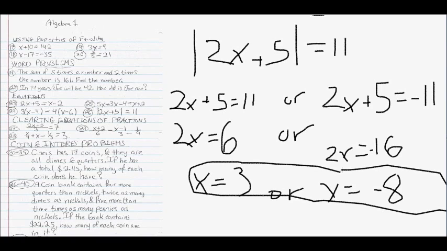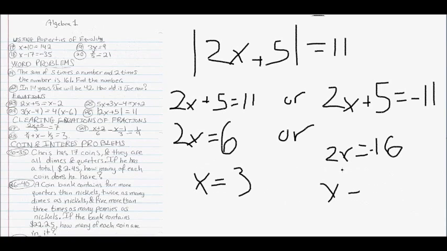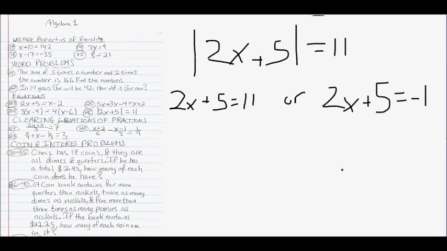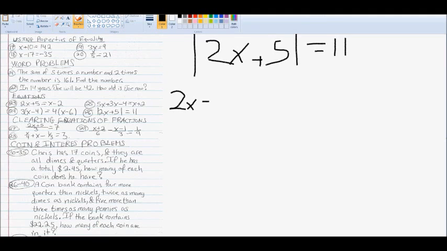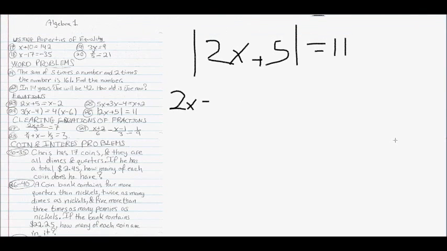All right, so your answer is x equals 3 or x equals negative 8. That's how you go about solving for that. Next is the clearing the fraction section. That is a little bit tricky. I guess I have no other choice but to go through each one with you quickly.